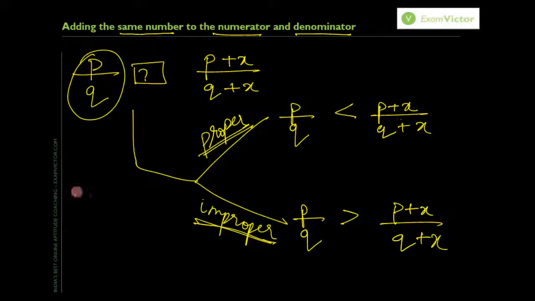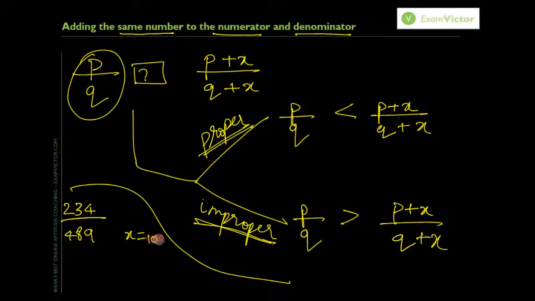Let's look at an example. Let's say p by q is 234 by 489. I'm just making these numbers up, anything. And let's say the amount x that we added is 100. So that means we are comparing 234 by 489 with 334 by 589, right?